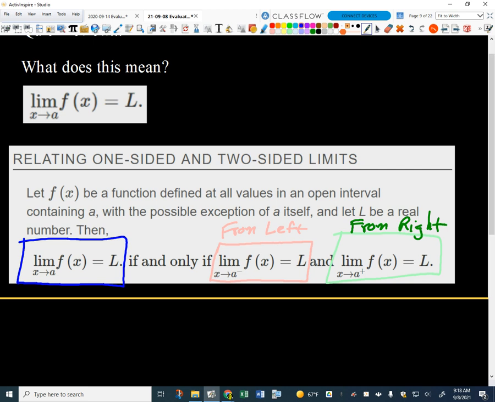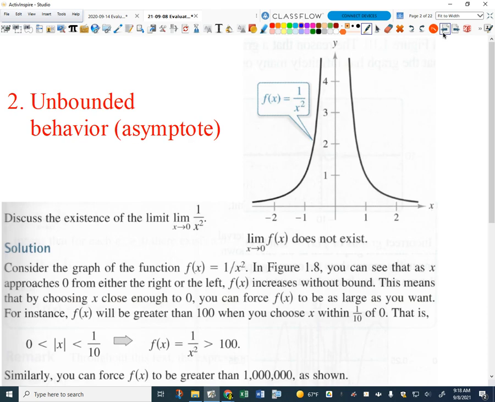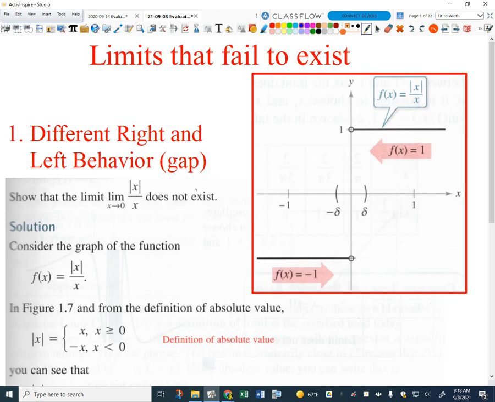So this guards against that first situation where we had a gap, right? That wouldn't work. In the case that we looked at with that gap, let's go back a little bit. The limit as x approaches 0 from the left is -1. As x approaches 0 from the right, the limit of the function is +1. They don't agree, so the limit doesn't exist, because it can only exist if both the left and the right exist and agree.